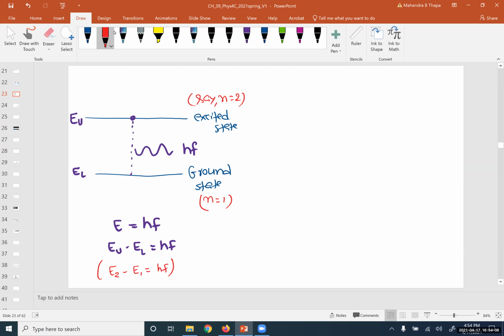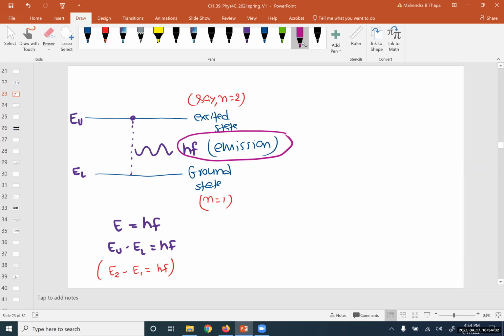Okay. So this particular frequency and particular wavelength of light, a photon, is emitted in this case. So this is the case of emission. Okay, this is the case of emission, meaning a photon is emitted in this case.